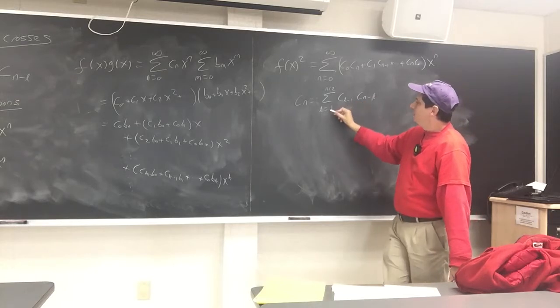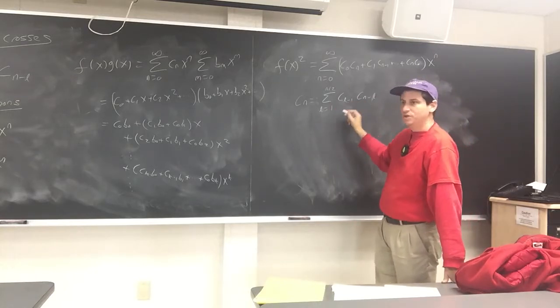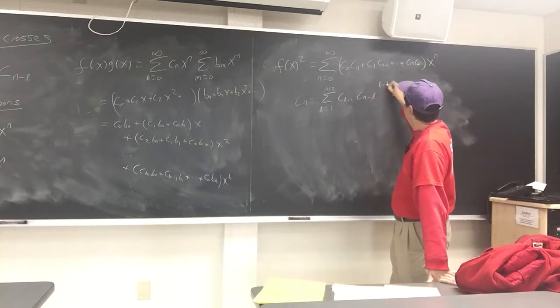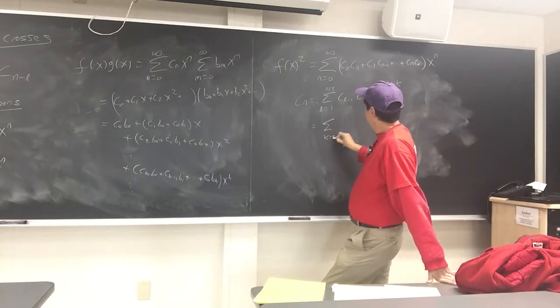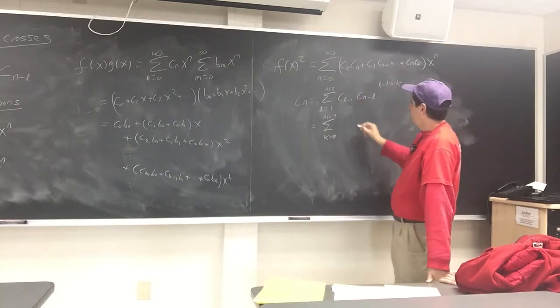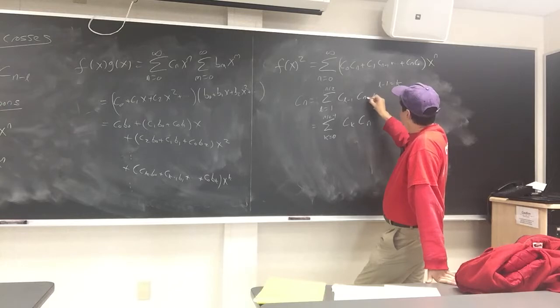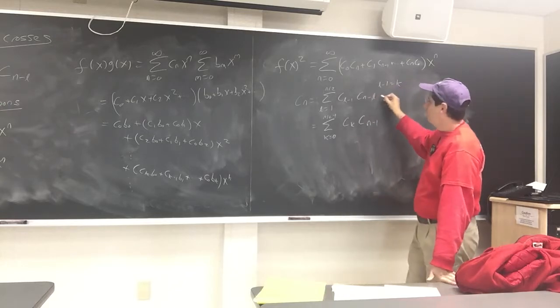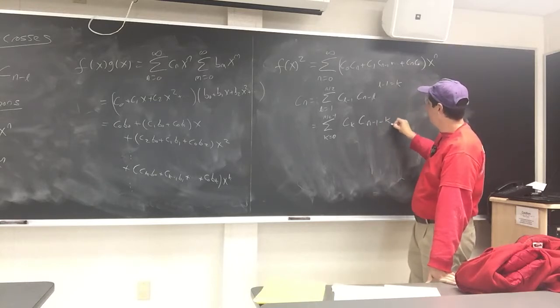But look, if I replace L with k, if I let L minus 1 equal k, this is now a sum k goes from 0 to n halves minus 1 of C_k C_{n-1-k}. Now I have to add 1, so it's n minus 1 minus k, because I need the minus sign here.